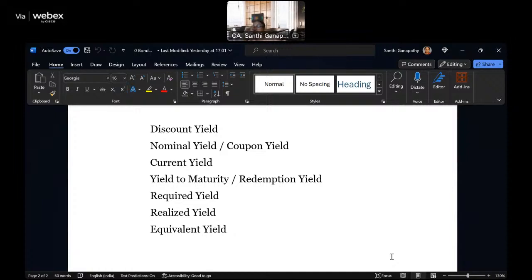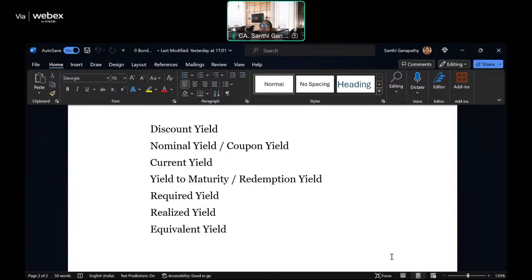Therefore, whatever we have, that we will take, that is nominal. So the inflation component is already incorporated in that. And then the risk premium is determined based on the credit rating of the instrument. So if the credit rating is good, risk is less, so premium is less. If the credit rating is bad, risk is more, so premium is more.